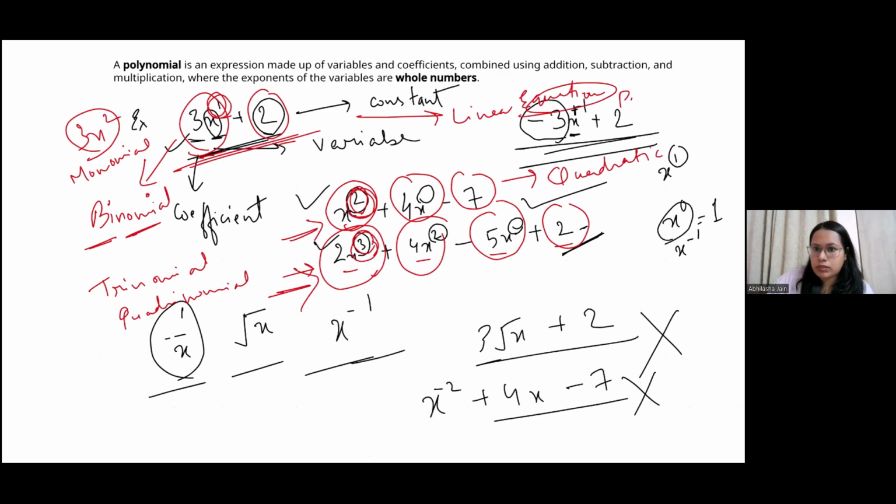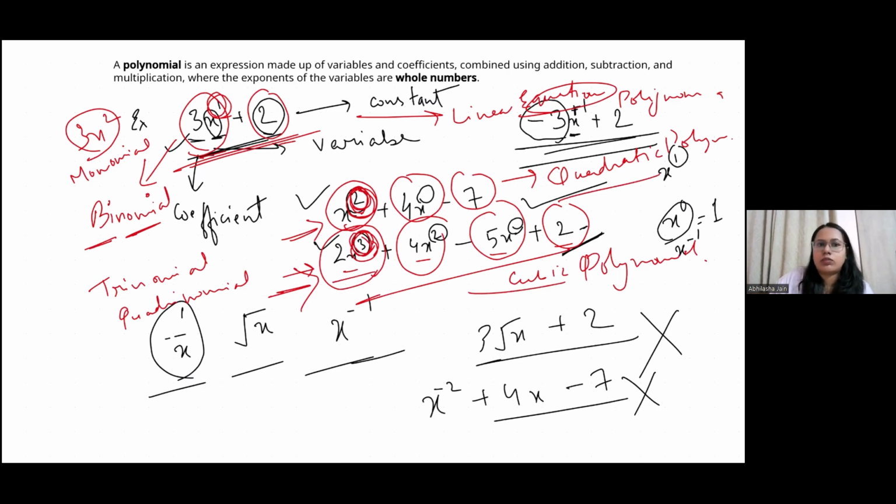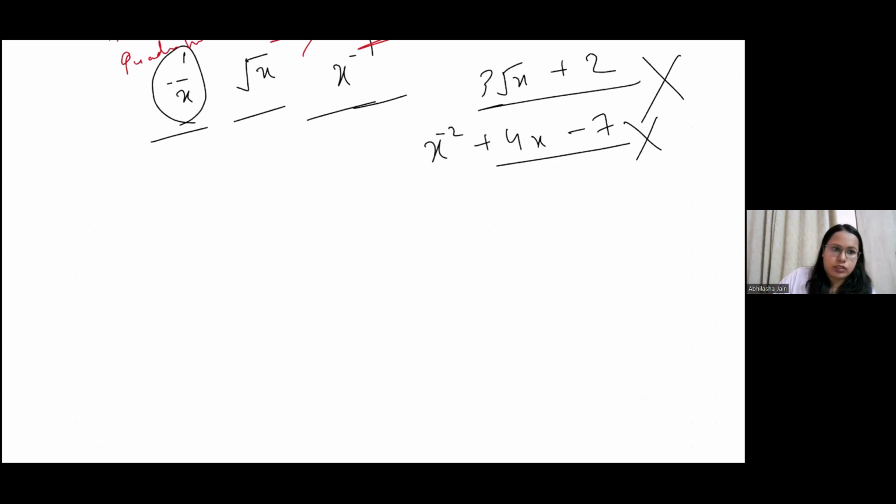And this is called a cubic polynomial. Why? Because the highest power here is cube. Here the highest power is 2, so quadratic polynomial, cube is cubic polynomial, and single power is linear polynomial. So we have 3 types of polynomial in a way.